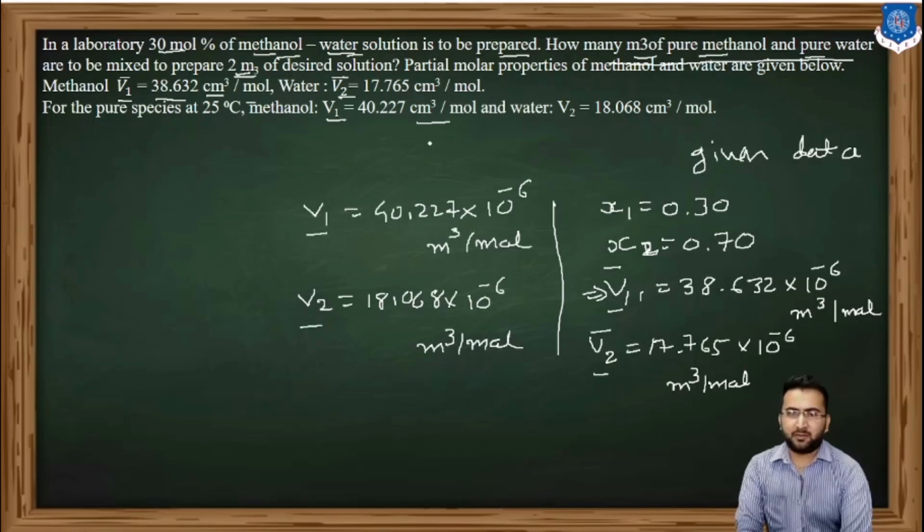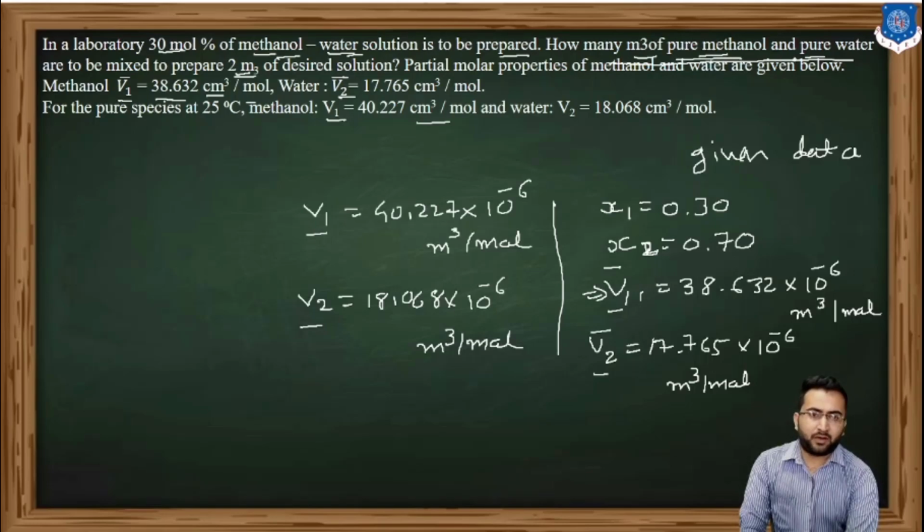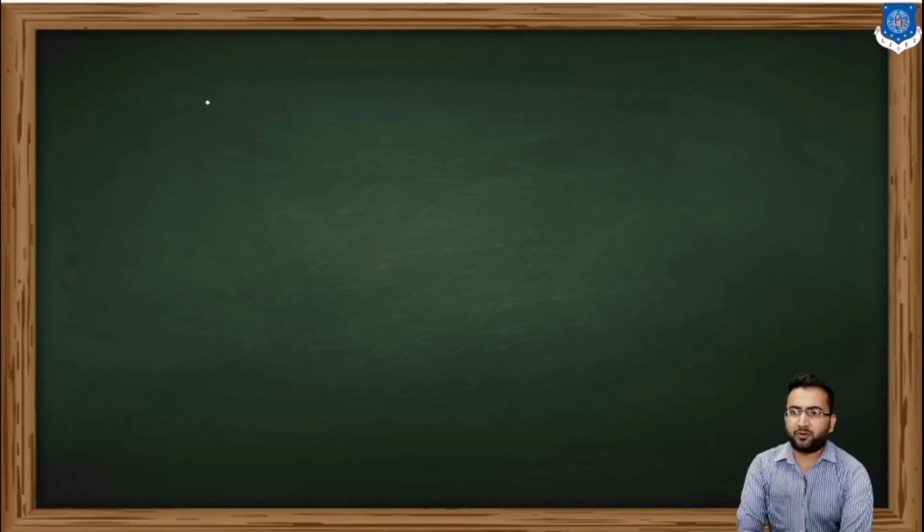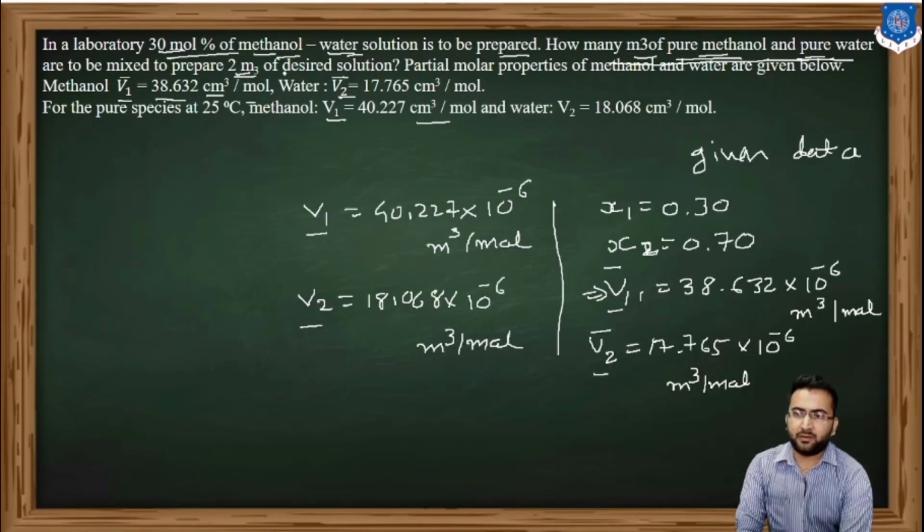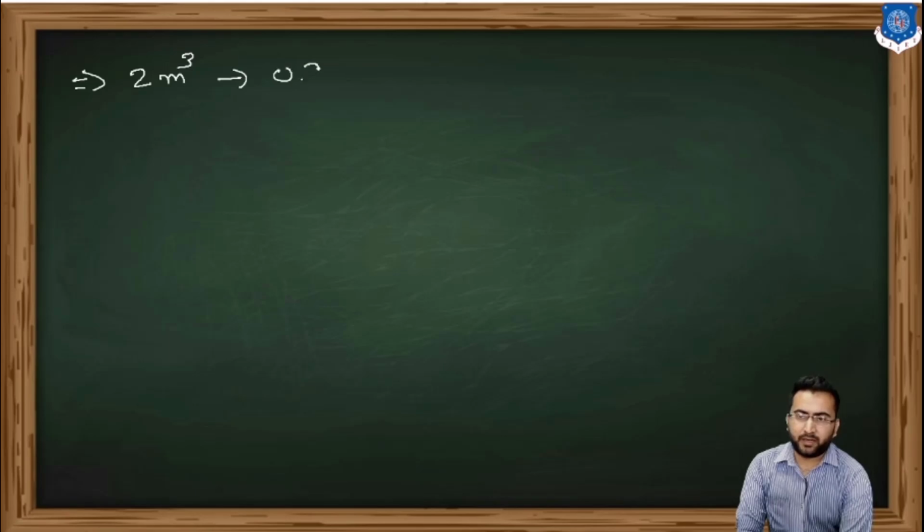Now, the statement says we have to find the pure methanol and pure water volumes needed to prepare 2 meter cube of solution, in which there is 30% methanol. So 0.30 methanol and 0.70 water is required.